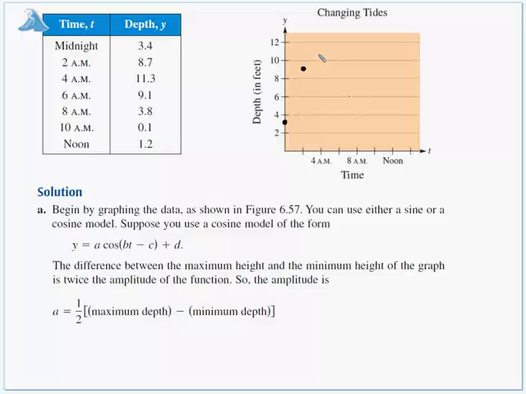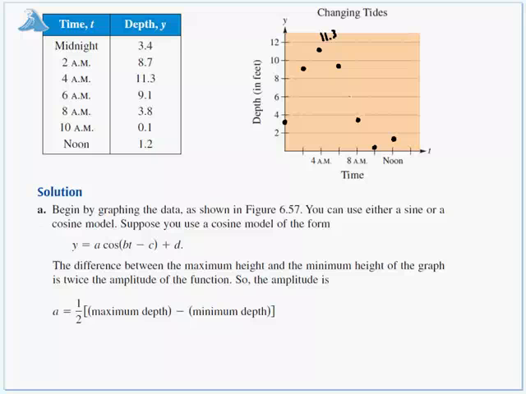At 4 a.m., 11.3. At 6 a.m., 9.1, so we're back on the way down. So our peak looked like at 11.3. At 8 a.m., we were down to 3.8. At 10 a.m., 0.1. And then at noon, we were back up to 1.2.